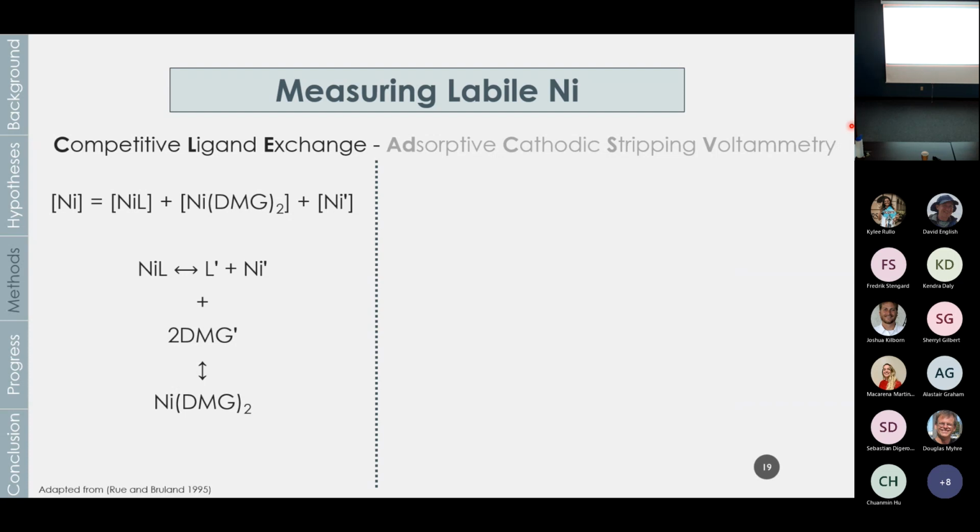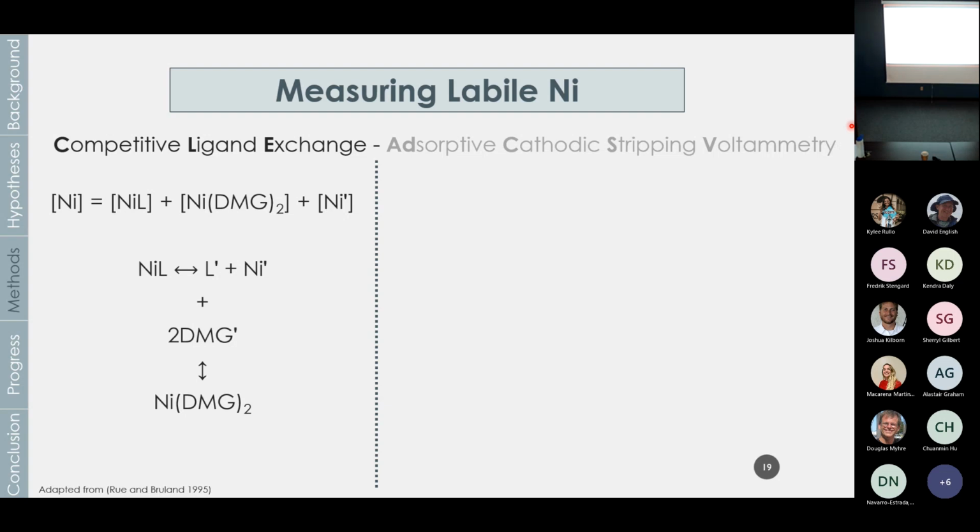So we can see that this creates a new mass balance, which is the first equation that I'm showing you. And you can see this competition in this set of equations below, where this L prime is representative of the ligands that are naturally occurring in the sample, and the DMG prime is the DMG that I've added that is not complexed yet to the nickel.